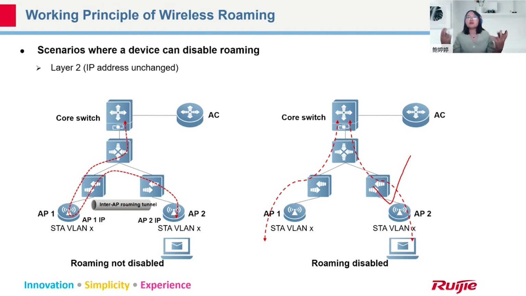In this scenario, we use the same VLAN and the same segment and can forward out directly, so you don't need to enable roaming. But if you deploy different SSIDs and different VLANs for different terminals, connecting with different APs, in this scenario you have to enable roaming. So pay attention to this part.